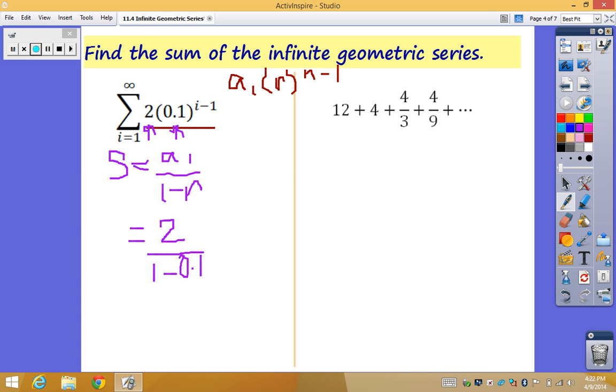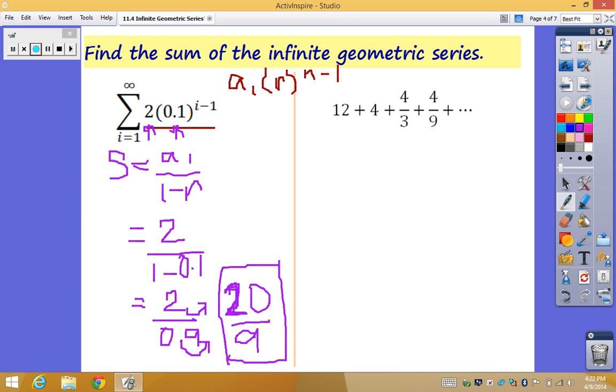So that will give us 2 over 0.9. And if you divide that out, we could just move each decimal place, take the whole thing times 10, and we will get 20 over 9 equals s, or the sum of this infinite geometric series.